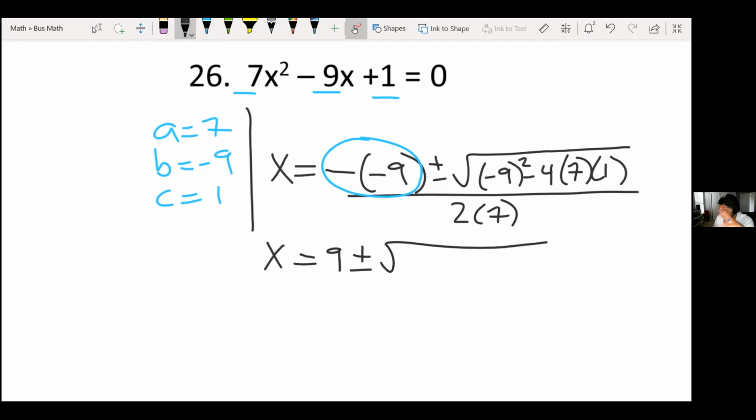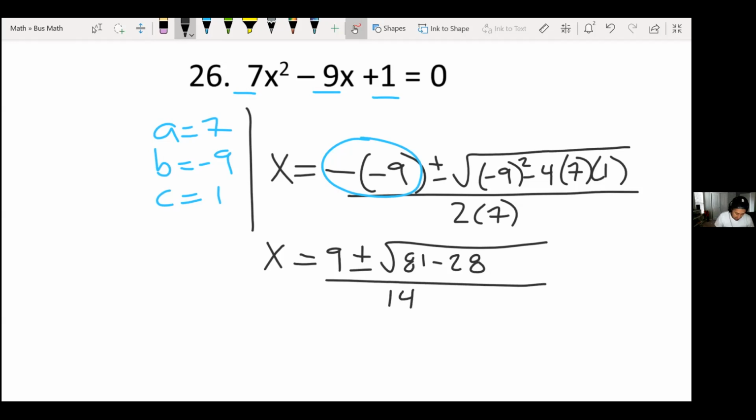And right here is where you can type it in your calculator or work it by hand. Negative 9 squared, that is a positive 81 minus, so now I have negative 4 times 7 times 1, so that is a negative 28, all over 14. Okay.